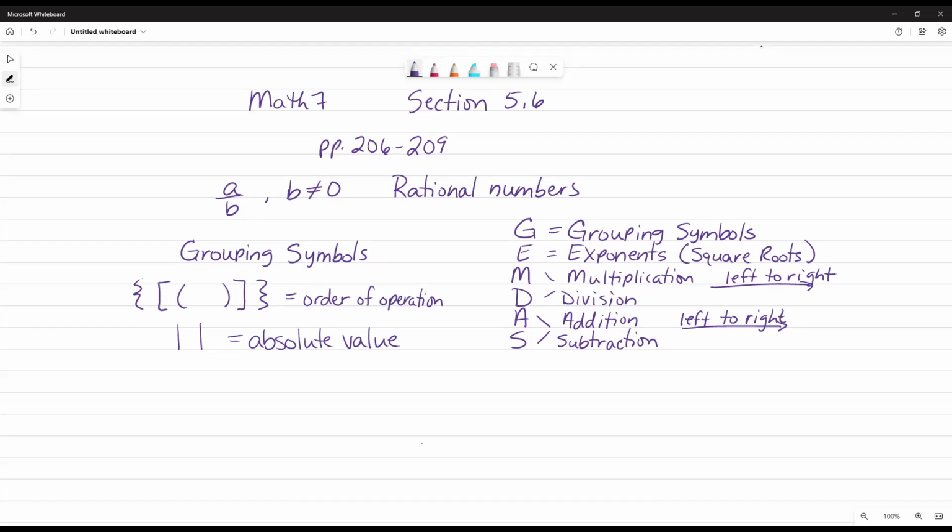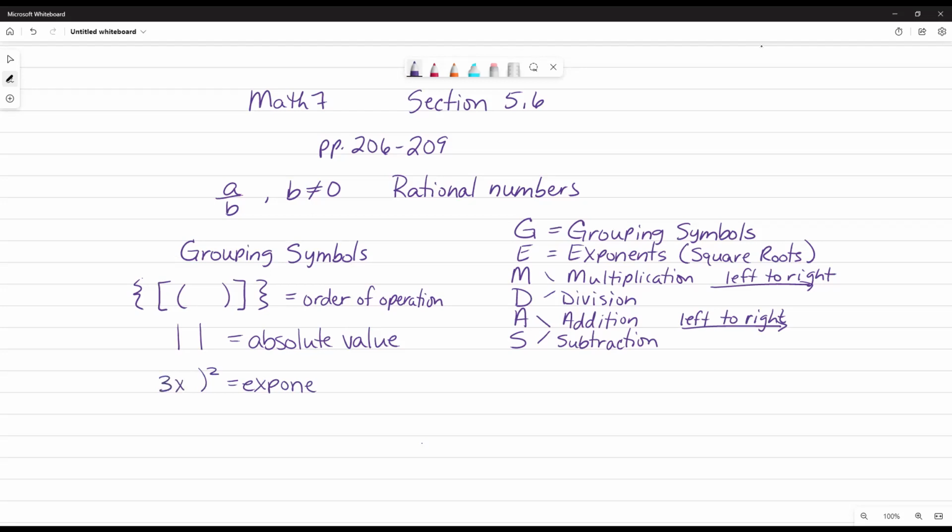Another one is, and we put parentheses around it, but any kind of exponent. If there's an expression, let me put an example. What's a good example?